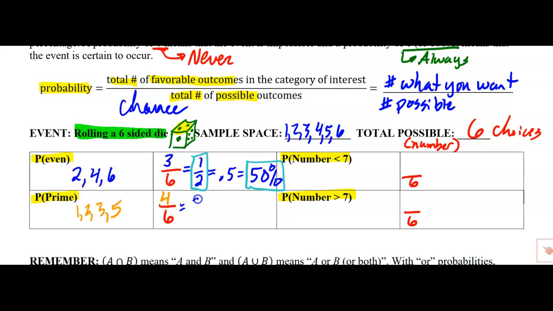So my reduced fraction is 2/3. That's 0.666 repeating. That equals 66.7%. Please note that we are essentially rounding off to 1 decimal place for your percent values.